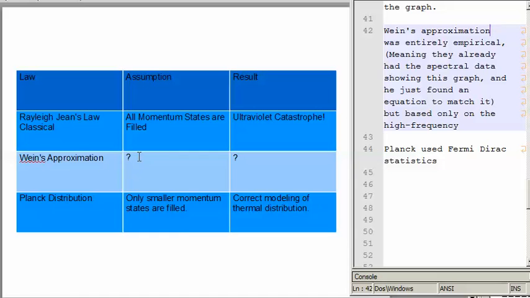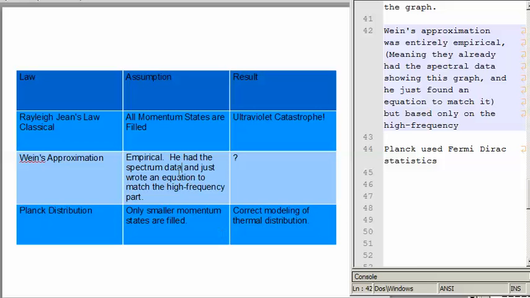I'm going to come back to this table because I'm pretty sure this was empirical here, because he had the spectrum data and he just wrote an equation to match the high frequency part. The result was the Rayleigh-Jeans law matched the low frequency part, and the Wien's approximation matched the high frequency part. But the Planck distribution is going to have correct modeling of the entire thermal distribution.